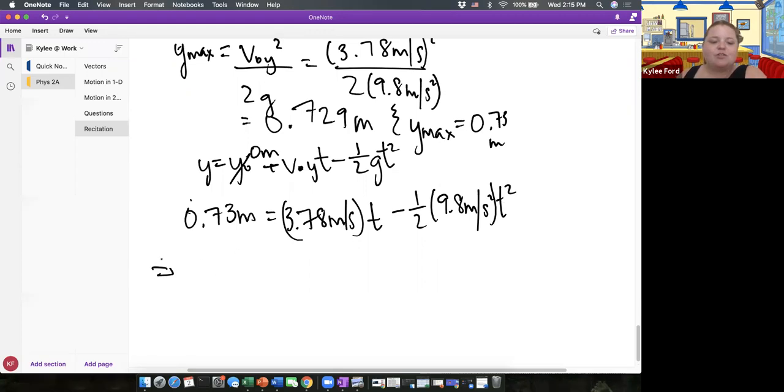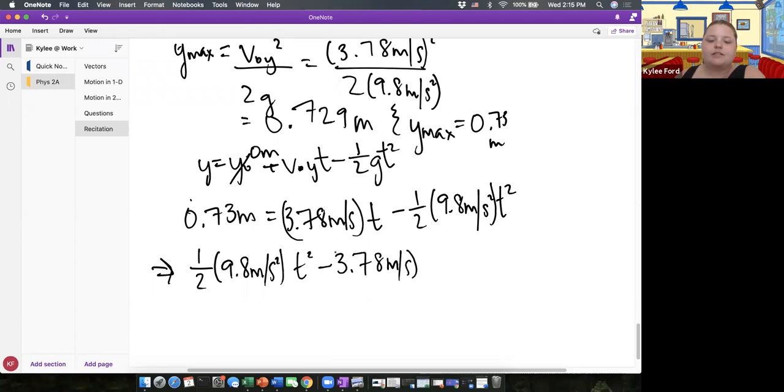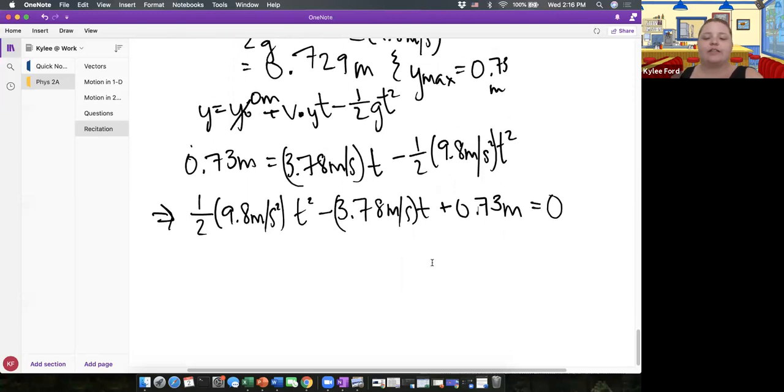So I'm going to say 1/2 times 9.8 meters per second squared times t squared minus 3.78 meters per second times t plus 0.73 meters equals 0. Okay. So I put everything onto one side and now I can solve it.